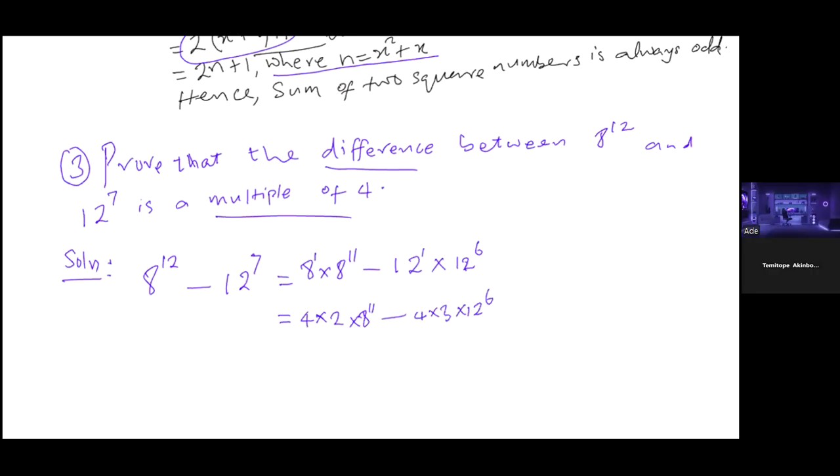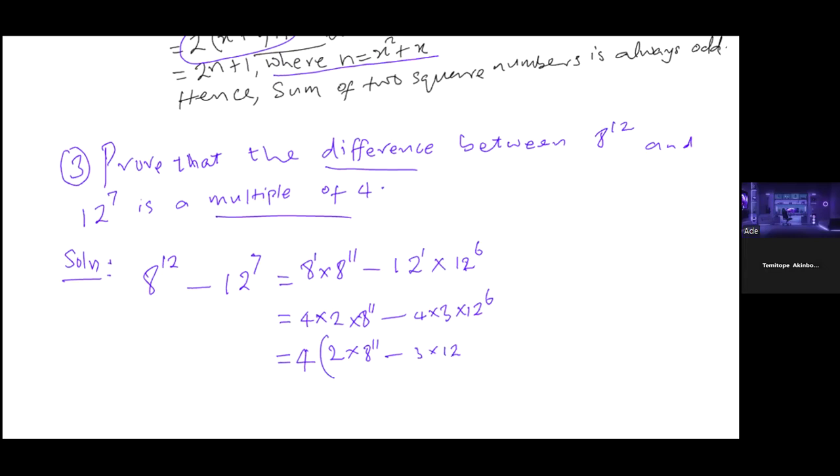So if you look at the entities now, you can see that I can factor out 4. If I factor out 4, I'm going to have 2 times 8 raised to the power of 11 minus 3 times 12 raised to the power of 6.